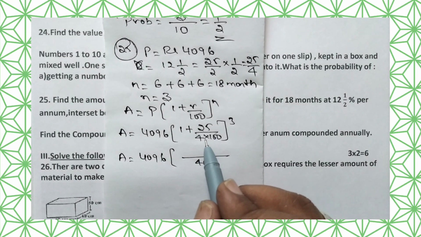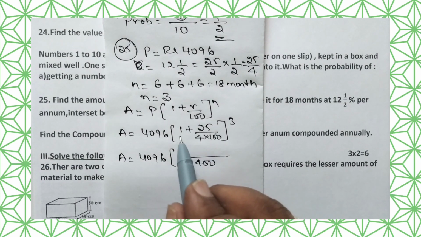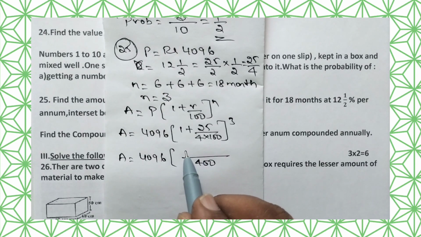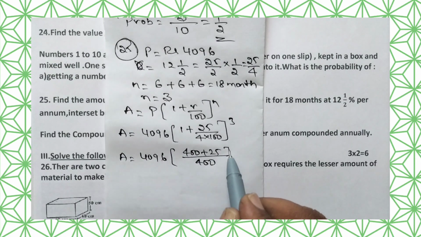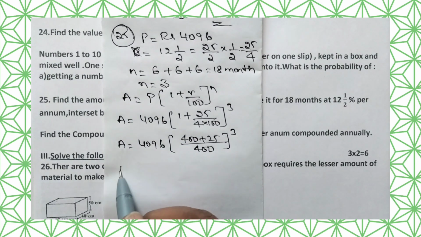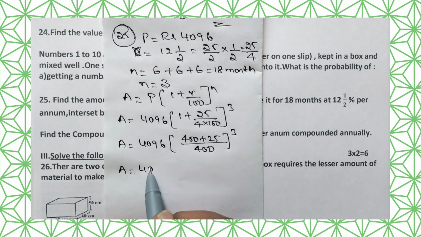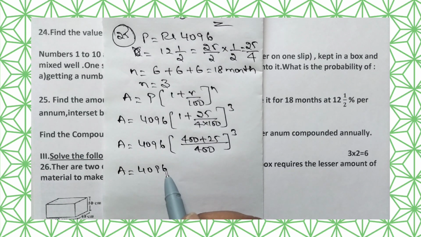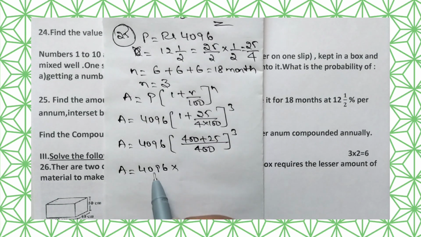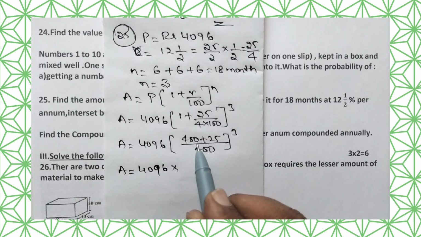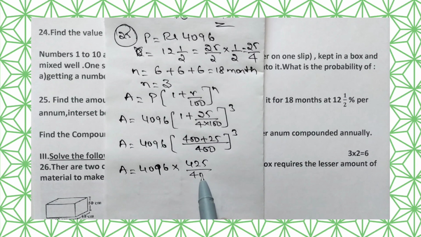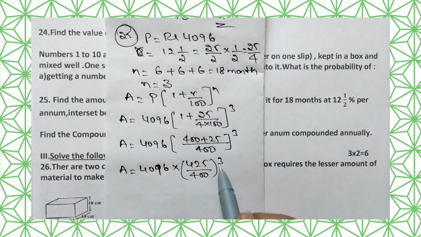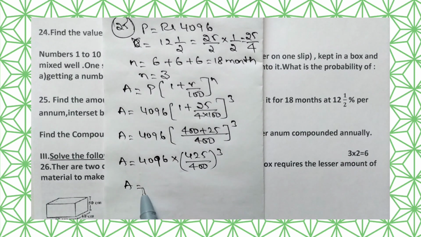Then 400 ones are 400 plus 25, whole to the power of 3. So total amount is equal to 4096 into 425 by 400 whole to the power of 3. So now let us divide it.